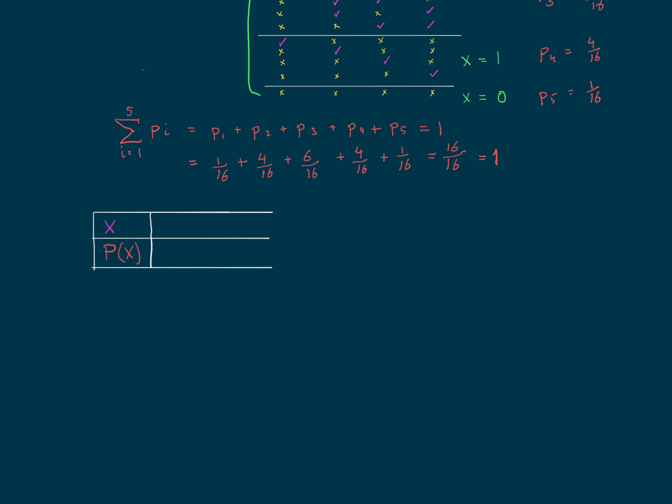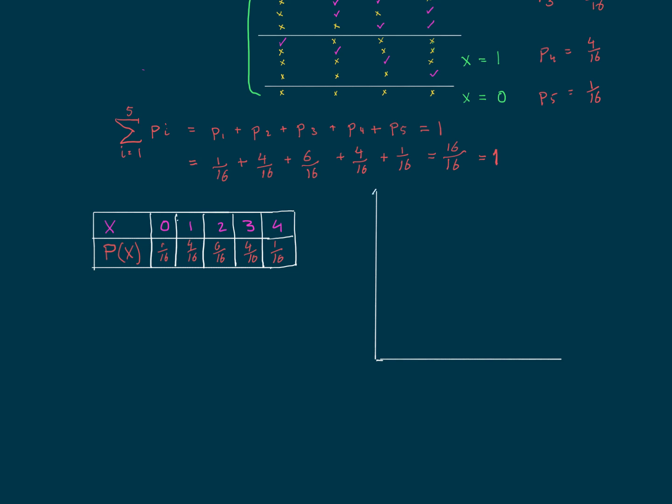And so when the discrete variable is 0, 1, 2, 3, 4, the probabilities are 1 on 16, 4 on 16, 6 on 16, 4 on 16, and 1 on 16.